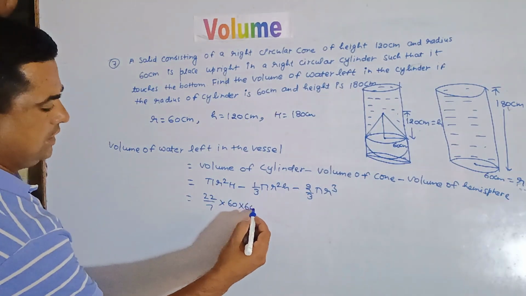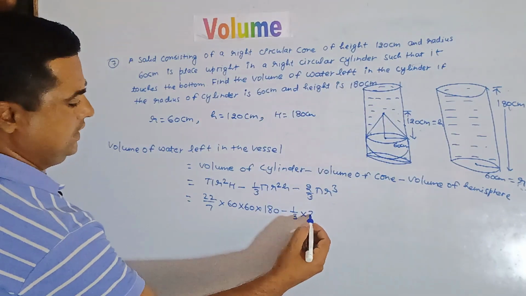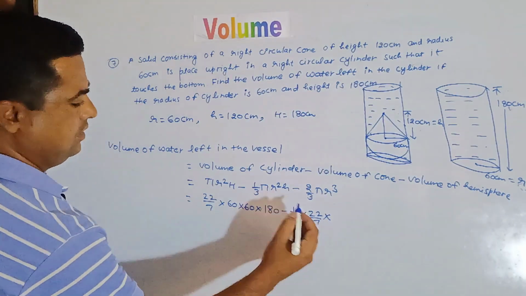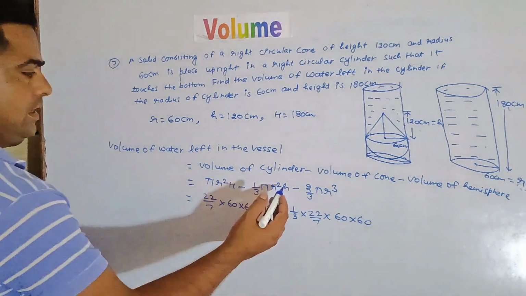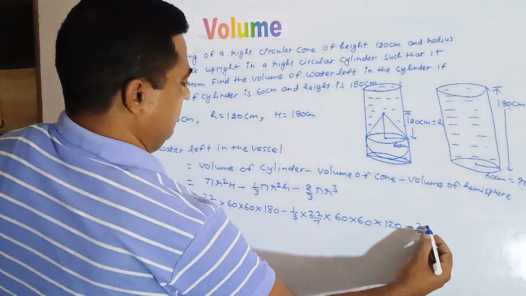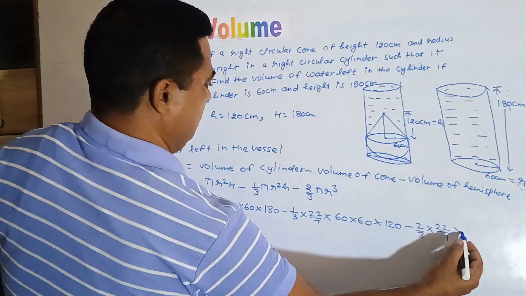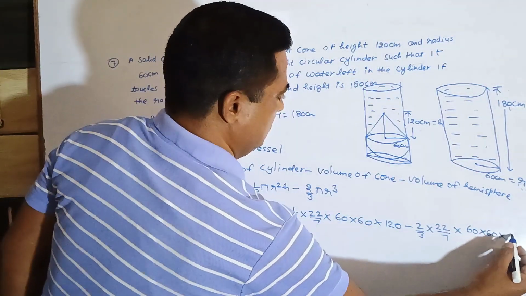So 60 into 60 we can write here, and height is 180, minus 1 by 3 pi, which is 22 by 7, radius 60 square, so 60 into 60, and height is given here 120. Minus 2 by 3 pi, which is 22 by 7, and radius is 60, so 60 into 60 into 60.